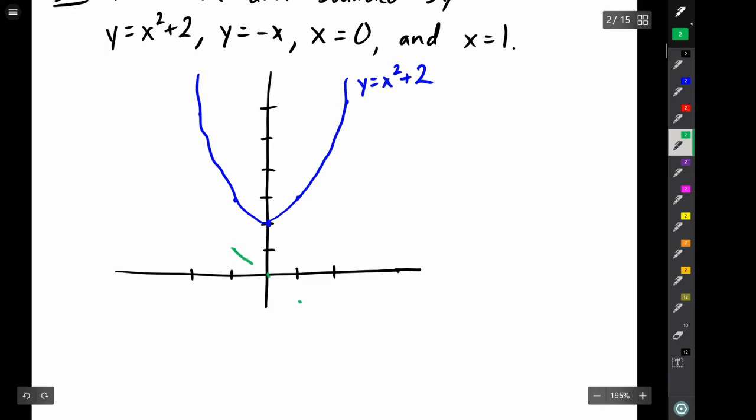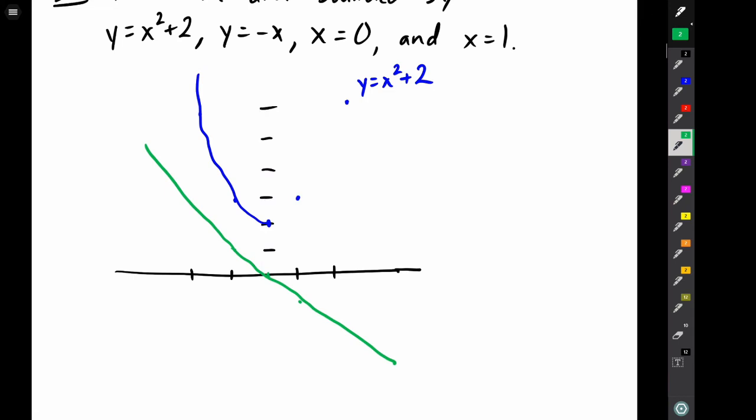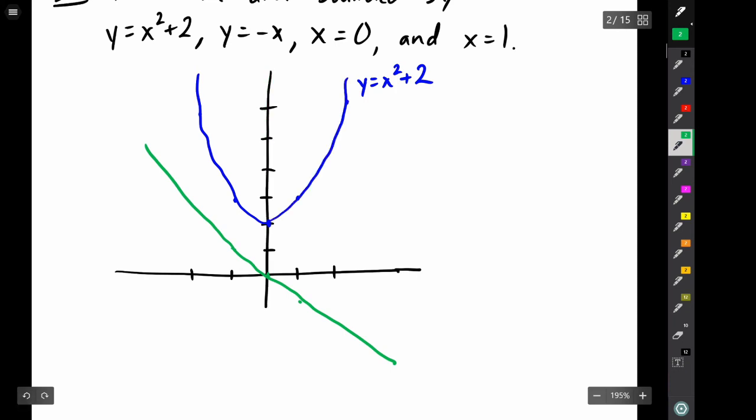That's going to be here. I don't know why I drew this picture so zoomed out, actually. Here we're going to graph x equals 0, and this is x equals 1.